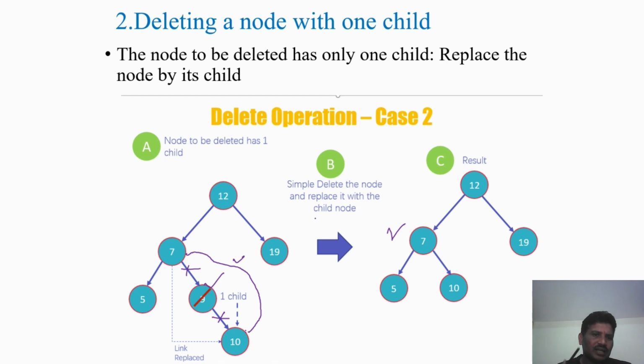You check it once, then remove that kind of node from the BST. The deleted node's child node would be connected to the deleted node's parent. This is the way you can delete a node. After that, once it is connected, the node will be disconnected and deleted from the memory.